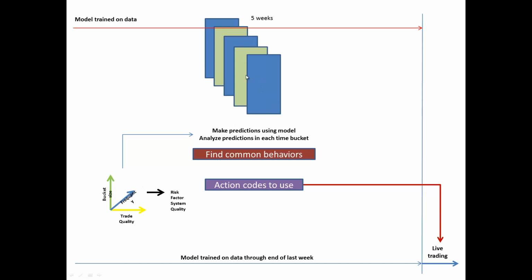So if you've got, say, some break long, and it generates a minimum level of profit in the simulation, and you see that minimum level more than once in more than one of these buckets, each of these being a weekly bucket here, then that's a candidate to use. And the key knob or dial to turn is trade quality.